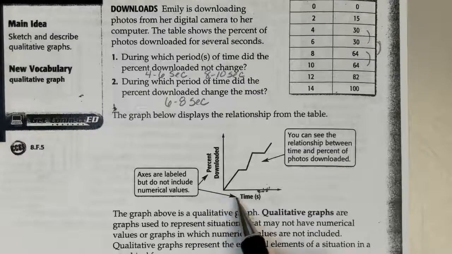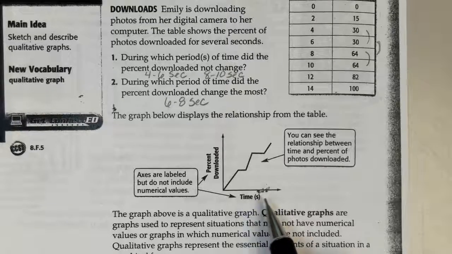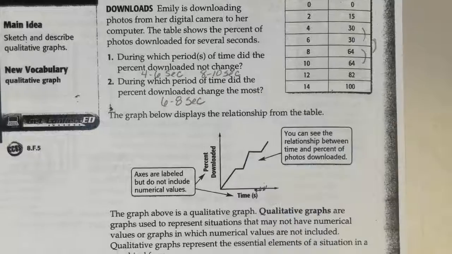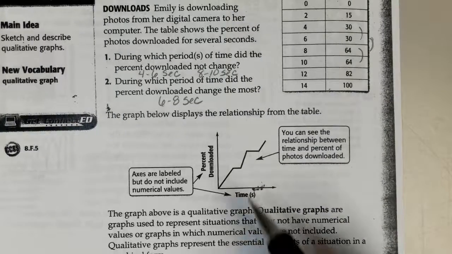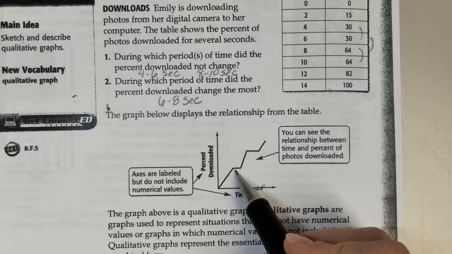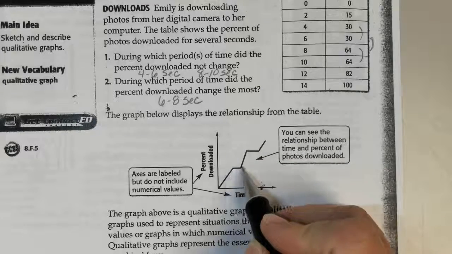So we've got our time, as usual, on our independent x-axis, percent downloaded, our dependent variable on the y-axis, and you can see this is the part that represents the 0 to 4 seconds. Here's where it stalls out.